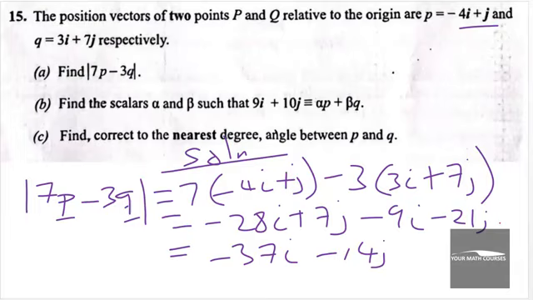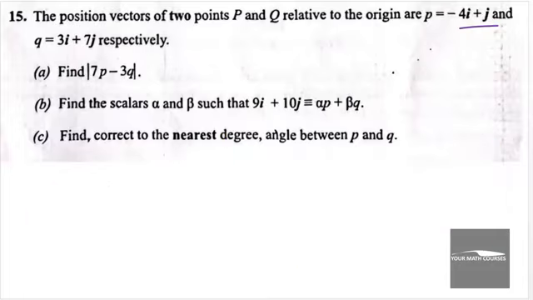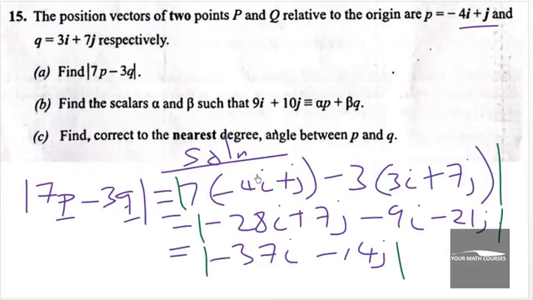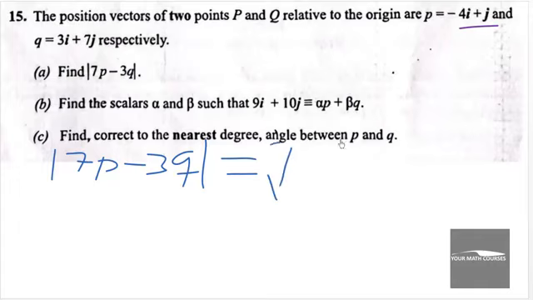We are actually looking for the magnitude. So we put the magnitude on the result. So we have the magnitude of 7p minus 3q, giving us the square root of negative 37 squared plus negative 14 squared.